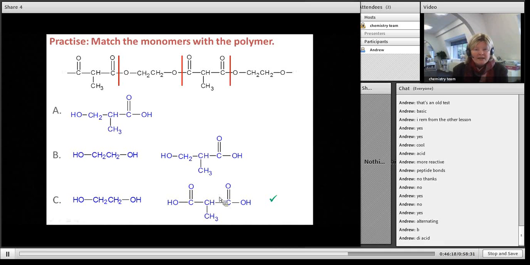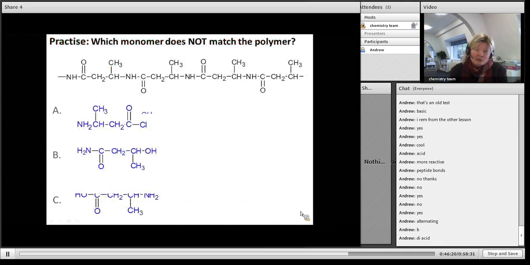Here's another one where now I'm going to ask which one does not match the polymer. Let me give you the reason why: remember, you could have an acyl chloride or a carboxylic acid. They both could be suitable.